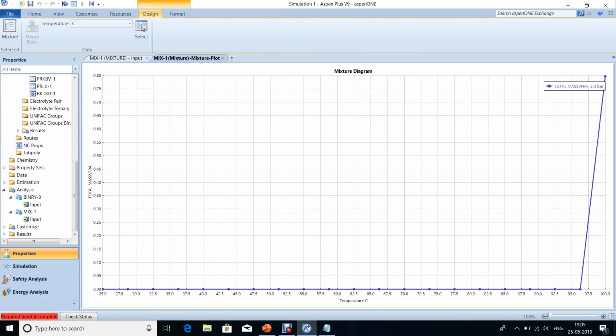Yes, we can clearly see that at this point the mass fraction in the vapor suddenly increases to a value. If I had taken more points beyond 100 degrees Celsius, I could have easily seen the mole fraction converting from 0 to 1 in the vapor fraction, right?